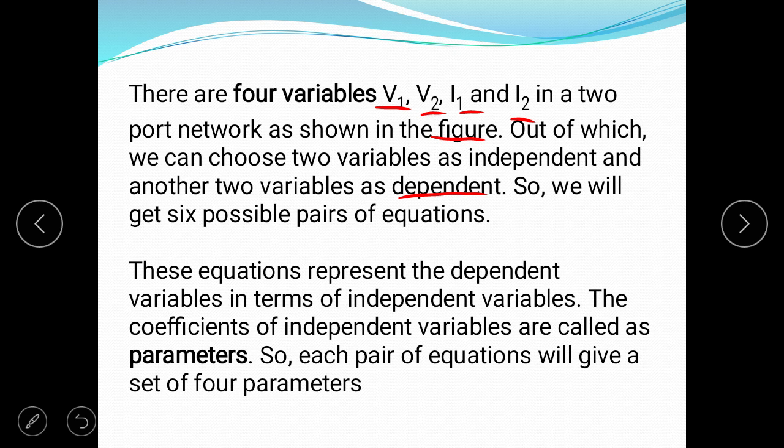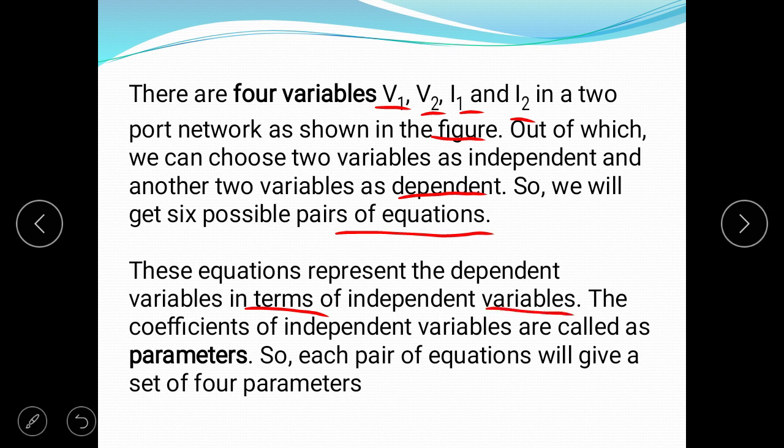So we will get 6 possible pairs of equations. So these equations represent the dependent variables in terms of independent variables.